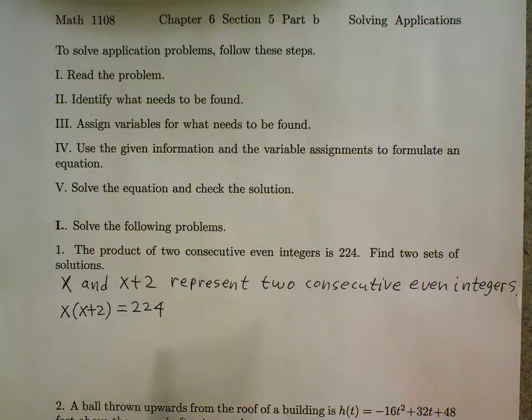So let's just check the details. Consecutive even integers differ by 2, so x and x plus 2 differ by 2. And the product of those consecutive integers is 224. So everything seems to check out. Now all we have to do is solve this equation.